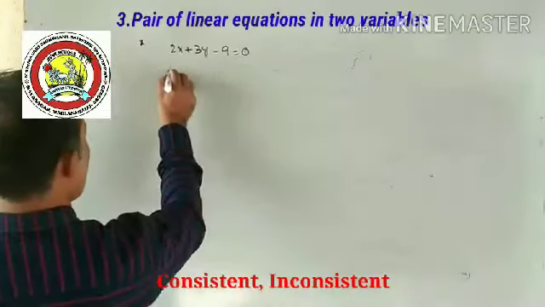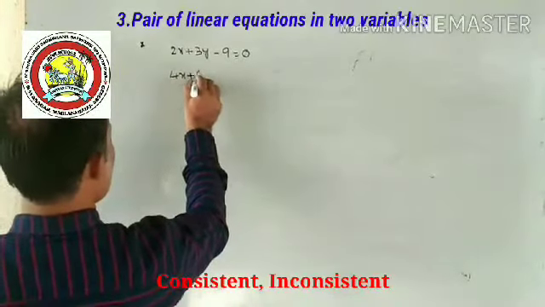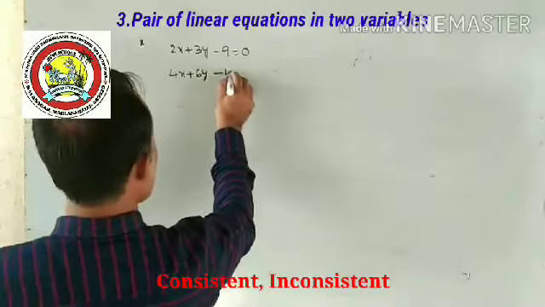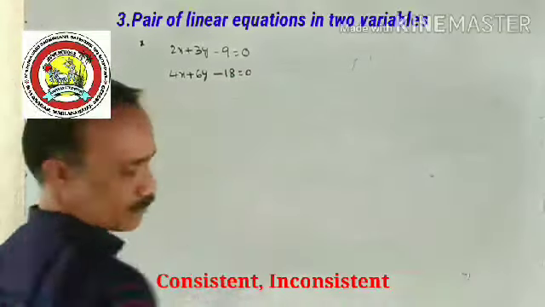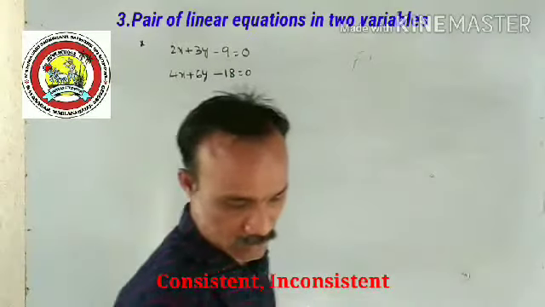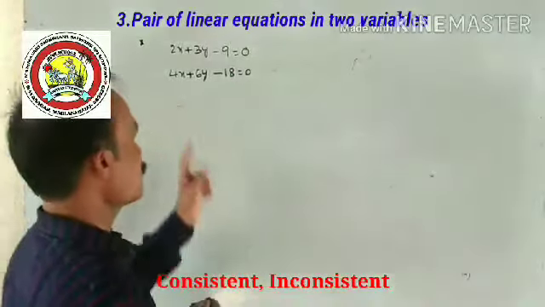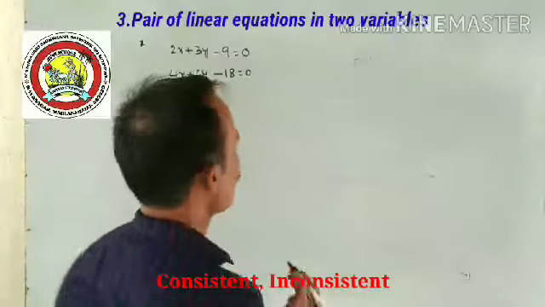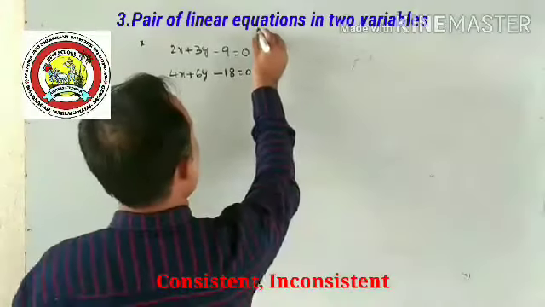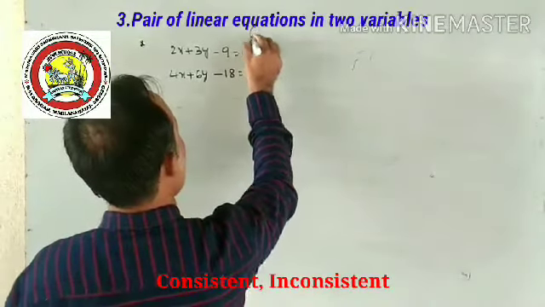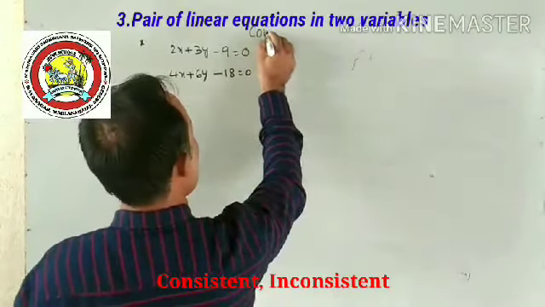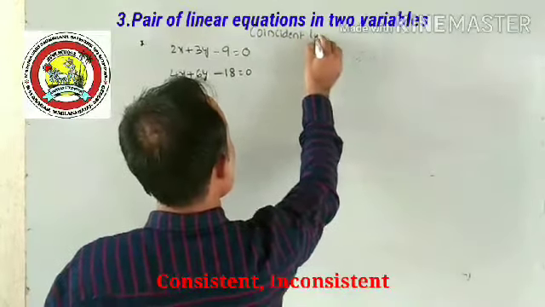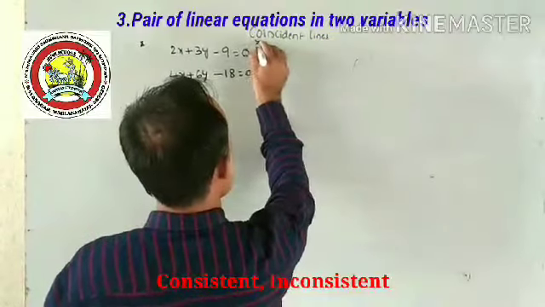Another equation, 4x plus 6y minus 18 is equal to 0. The first one was intersecting lines; this is the condition for the second one, coincident lines.